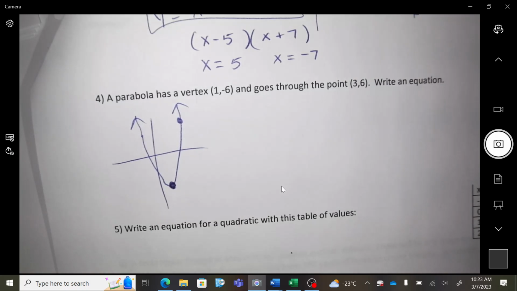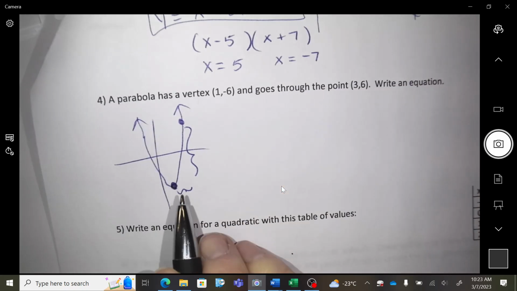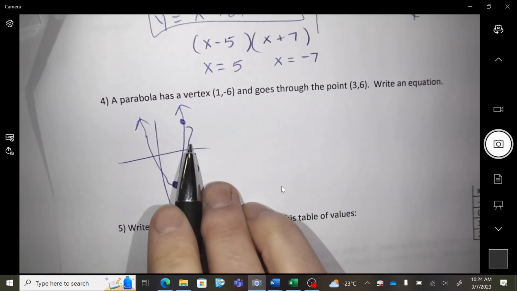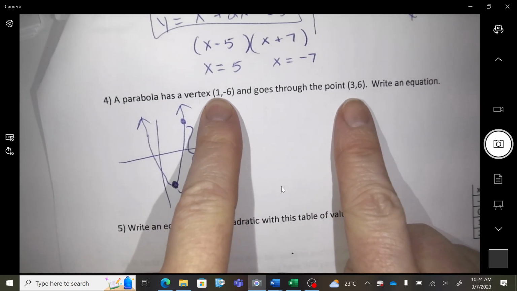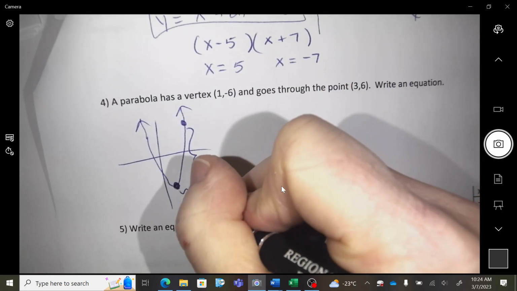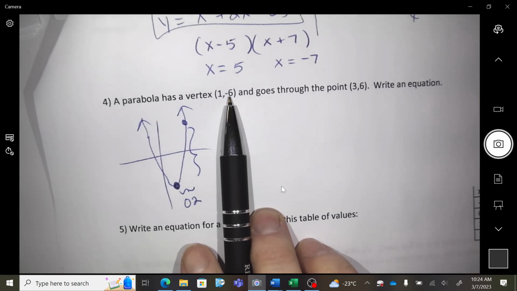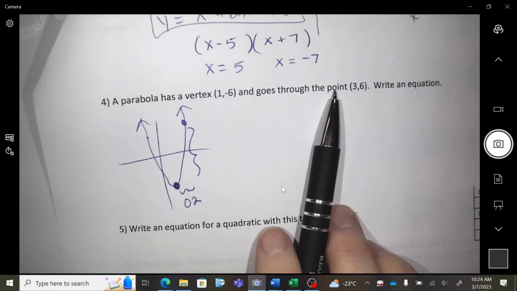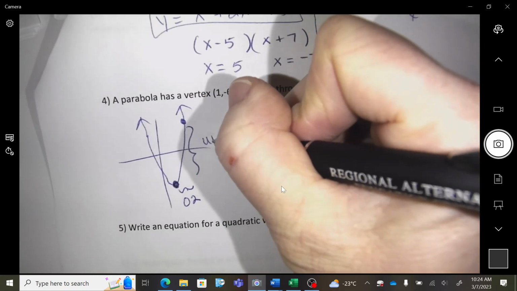So here's what I want you to think about. How much did I move over and then up to get there? So I can look at these values. This was at a 1 and this was at a 3. So how much movement is that? Over 2. This was at a -6 height. Now it's at a 6 height. So that means I would have had to go up 12.